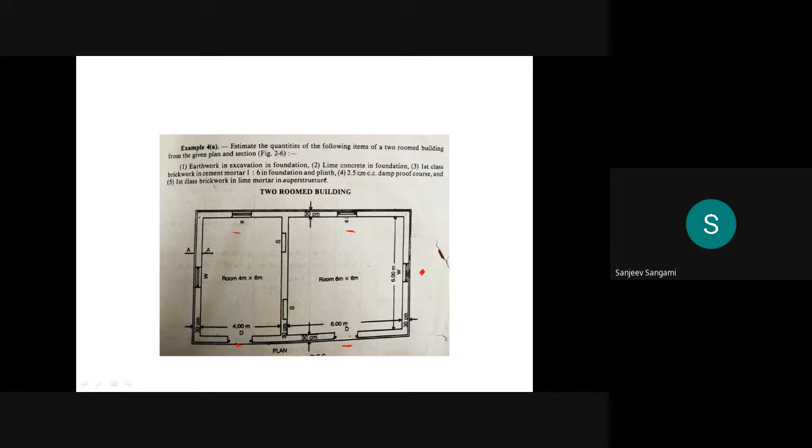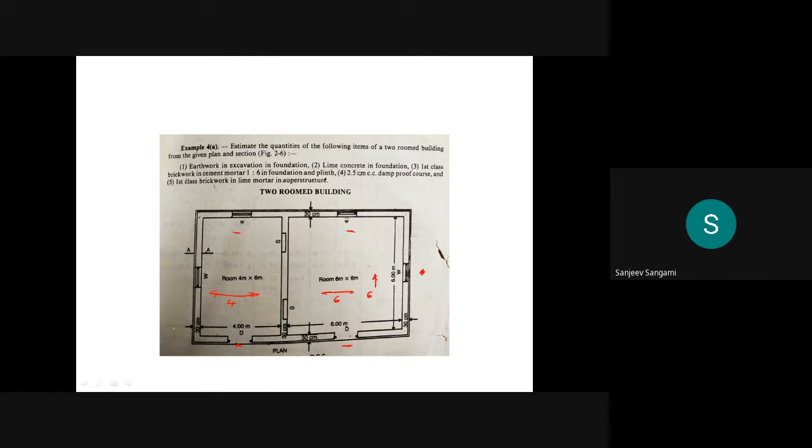And in the first room it is 4 by 6: 4 along this length, and along this direction it is 6. Then here the room is 6 along this direction, and this direction also it is 6. Here they have already mentioned it.